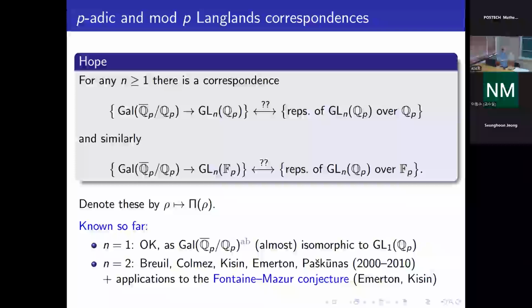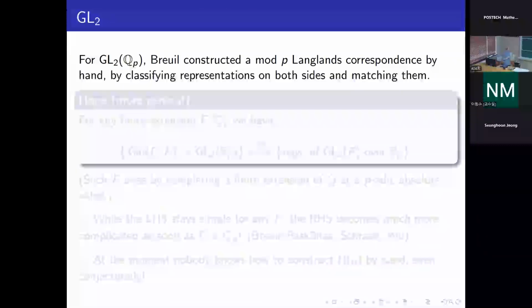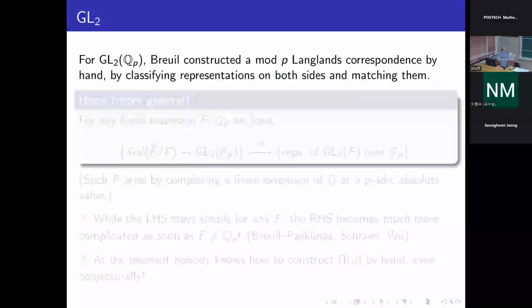In the remainder of the talk, I will still talk about two-dimensional representations, but there's something very interesting that happens now, namely, usually it doesn't matter too much in the classical Langlands correspondence if we replace Q or QP by a finite extension, but here something really changes.